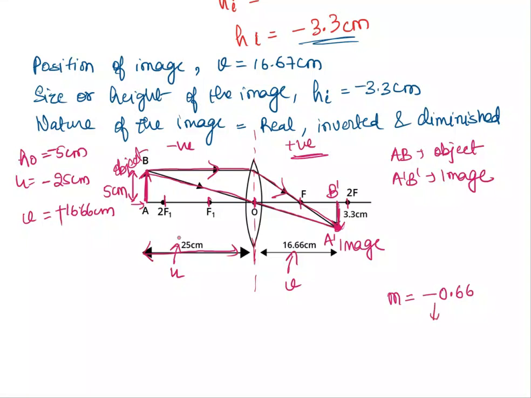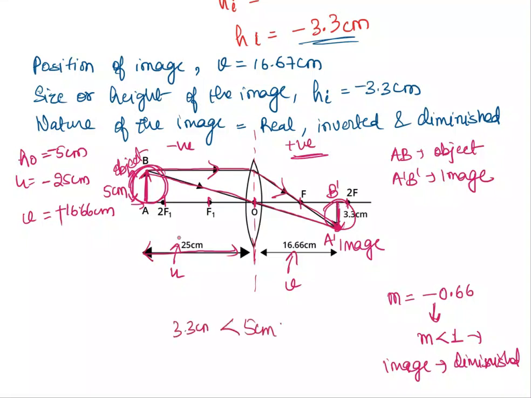So the negative sign indicates that the image is inverted, and if the magnitude of m is less than 1, then the image will always be diminished or smaller in size. As you can see, the object is 5 centimeter and the image is 3.3 centimeter, which is less than 5 centimeter.